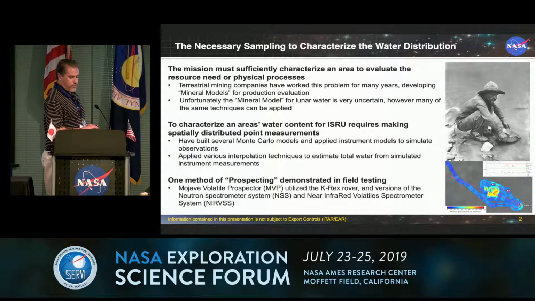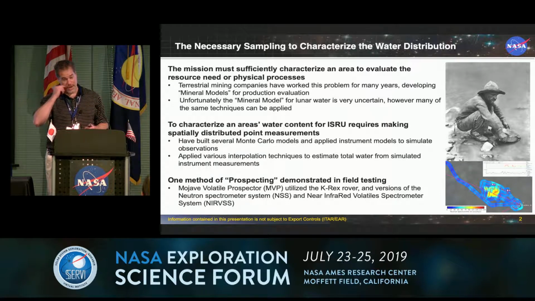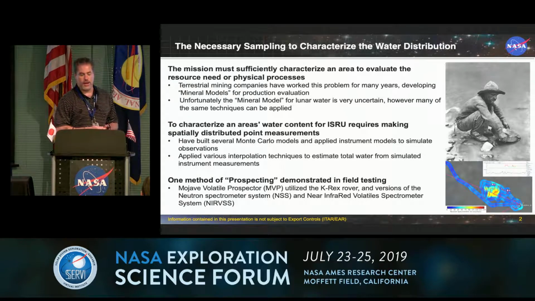One of the reasons I started this work was as part of rover projects that I've been trying to get going. We really needed to understand what we needed to do when we got to the surface of the Moon. When you start to drive level 2 requirements and the systems engineers start asking, well, why do you really need to drive that much? You need to have a real rationale, rather than because we gotta find the water.